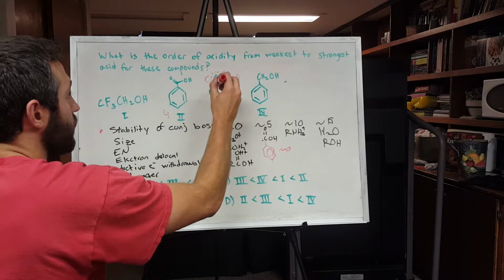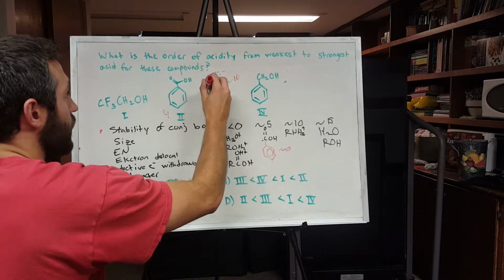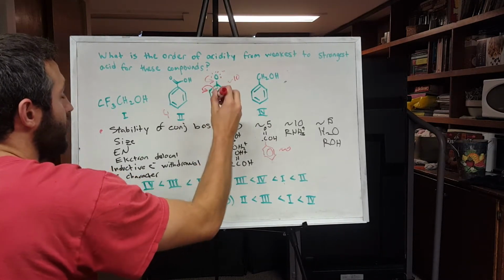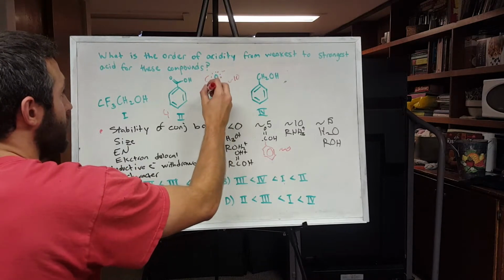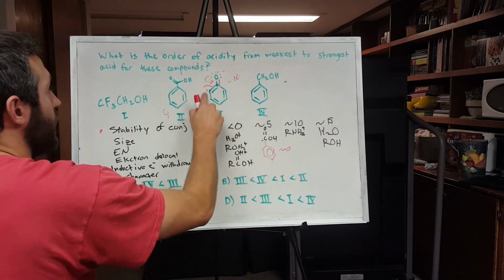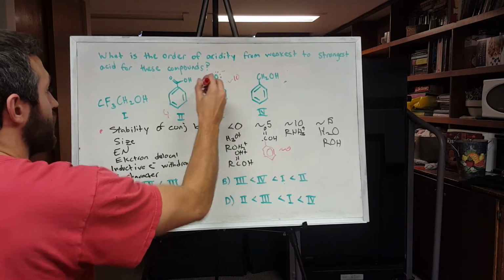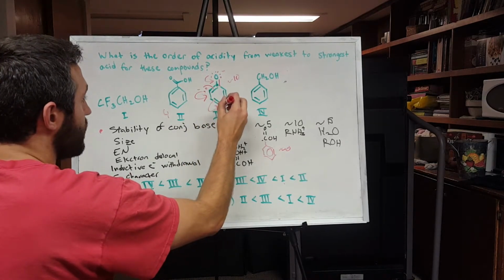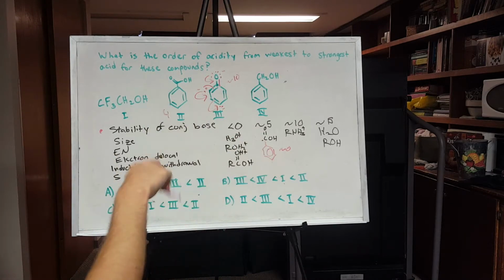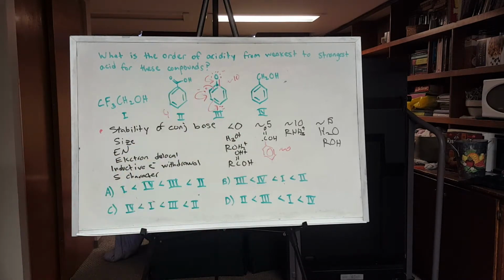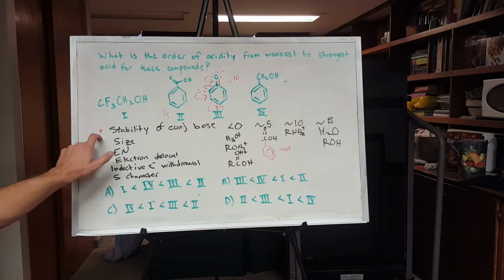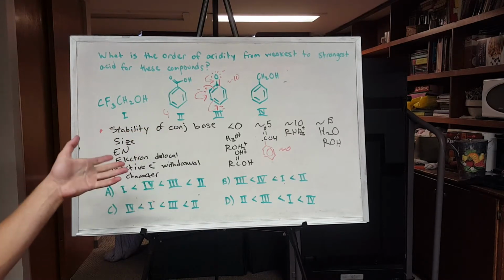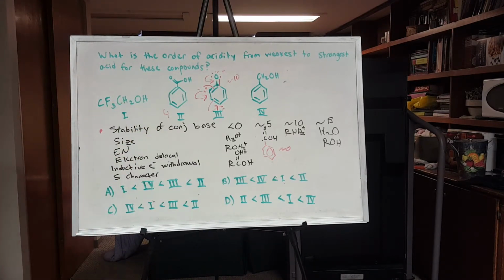We put a double bond here, and after that arrow, we'd have a minus charge here, and then we could do that again and put a minus charge down here. So we can delocalize that minus charge all the way through the ring and stabilize the conjugate base. That's why benzene makes these compounds more acidic.